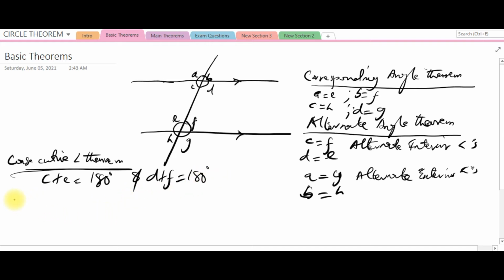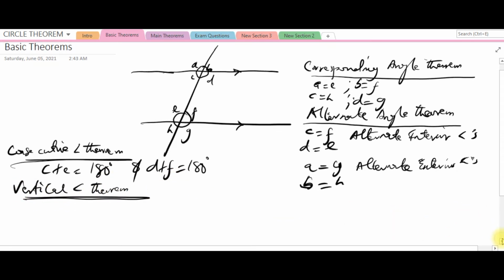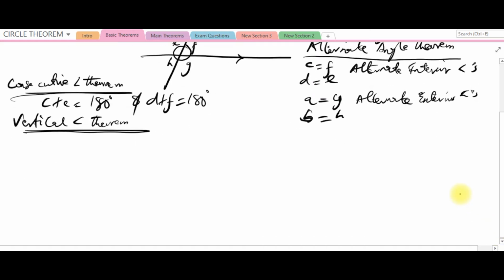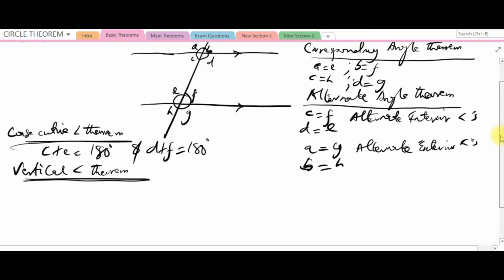So the other one is vertical angle theorem. So that's just, if you are given any intersecting lines, whether they are parallel or not, once there is an intersection, vertical angles must be formed.